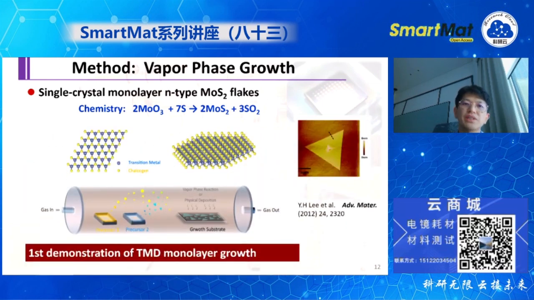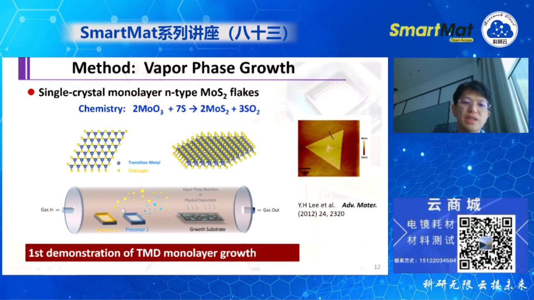Of course, when we talk about growth, we need to understand the chemical reaction. Back in 2012, we published a paper on how to grow single crystal monolayer MoS2 flakes. The reaction is very straightforward. We use molybdenum oxide powder as a precursor together with sulfur powder.